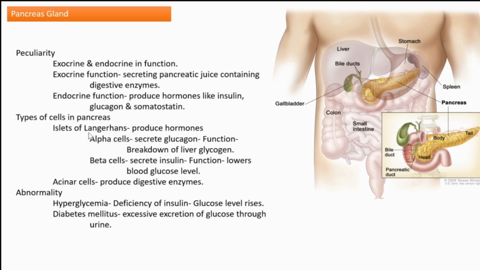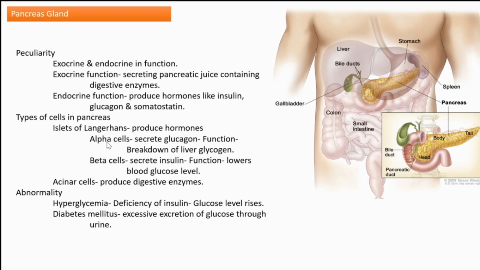The islets of Langerhans produce the hormones, and the acinar cells produce digestive enzymes. The cells of the islets of Langerhans are again classified into two, alpha and beta.